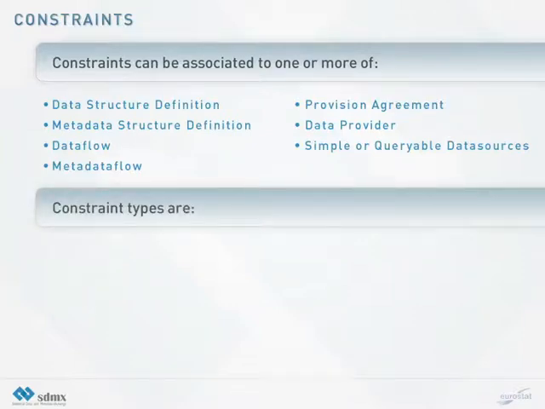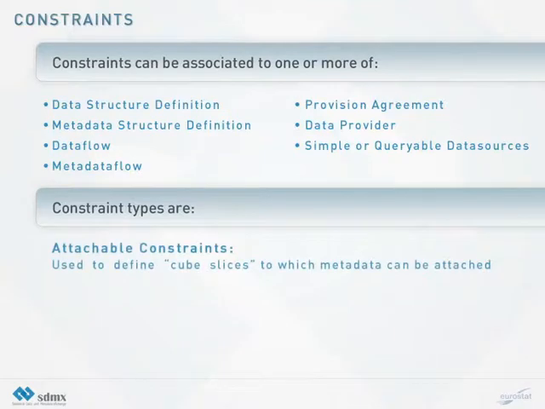Attachable constraints. The attachable constraint is used to define cube slices, which identify subsets of data in terms of series keys or dimension values. The purpose of this is to enable metadata to be attached to the constraint and thereby to the cube slices defined in the constraint.